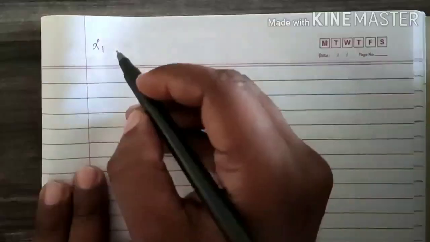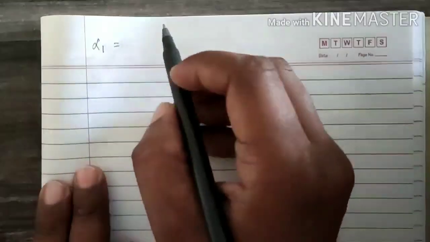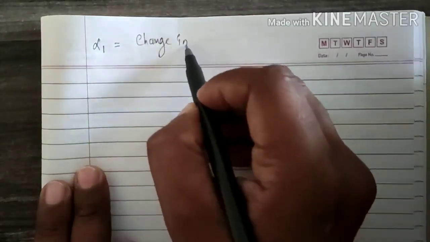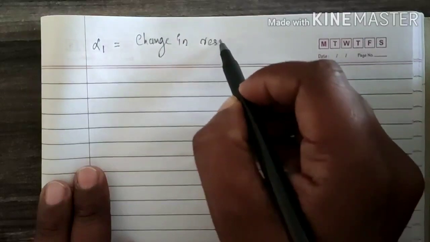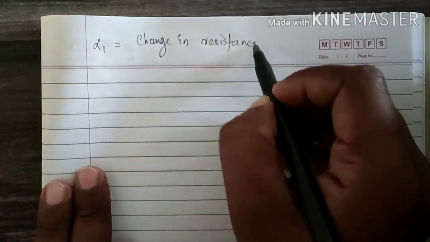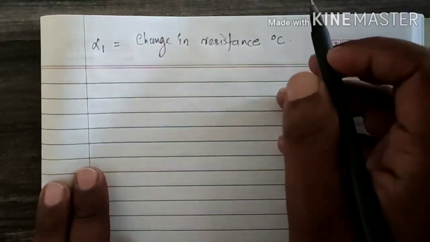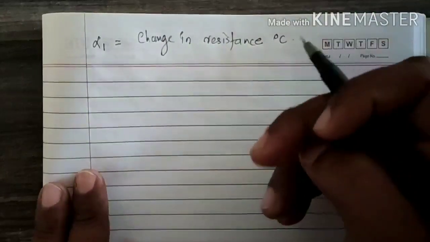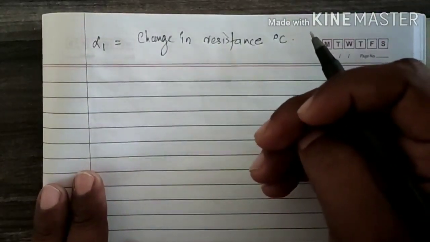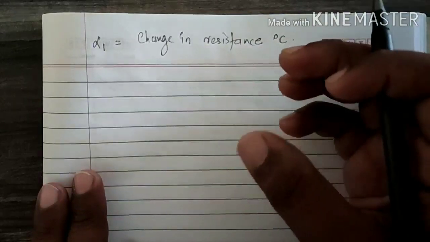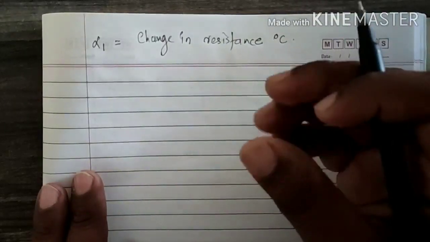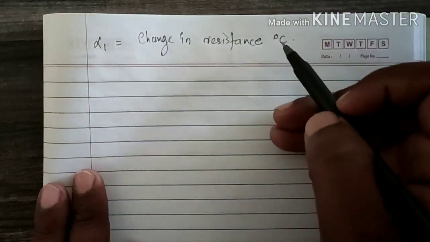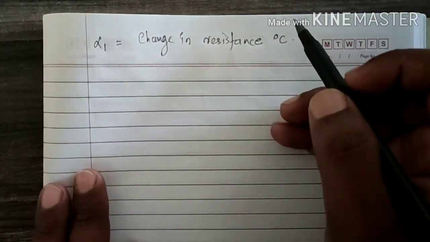Alpha 1 is denoted by the change in resistance per degree Celsius. Suppose at 1 degree Celsius my resistance is different, at another degree Celsius my resistance is different. Then if I increase the temperature by 2 degrees Celsius, my resistance value will be different.